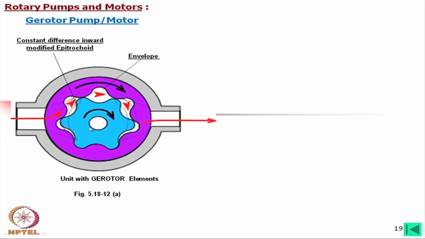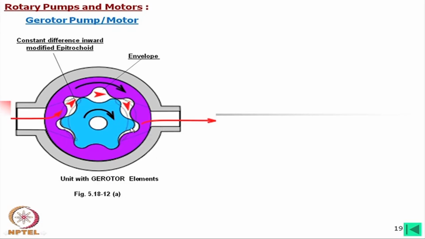So, in the pump version the oil comes in here and high pressure oil goes out. Here also we can use this type of kidney port, but this kidney port feature is slightly different from the ordinary vane type pump. Now, this can also be used as a motor.